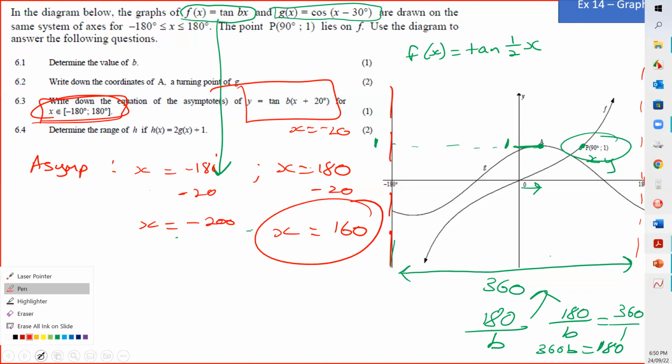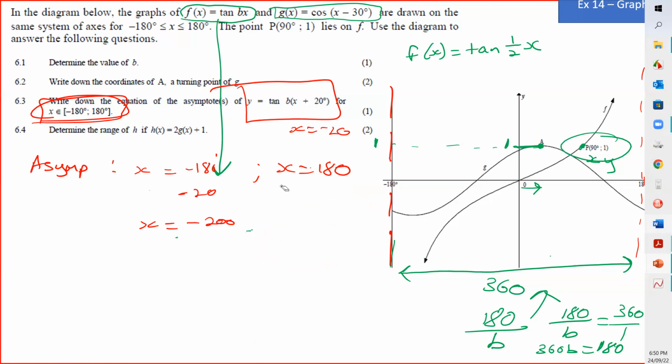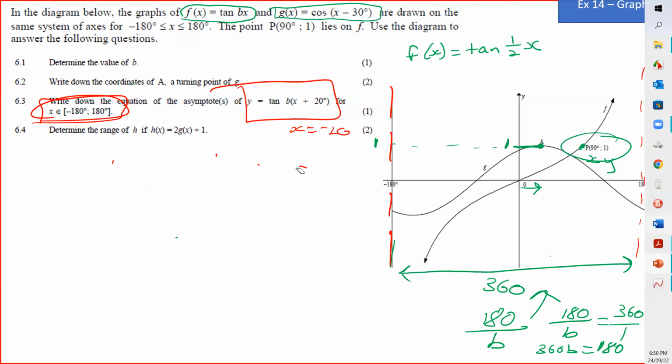Okay, the next question pertains to range. The question reads, determine the range of h if h of x is equal to 2g(x) + 1. So let's start with what we know.